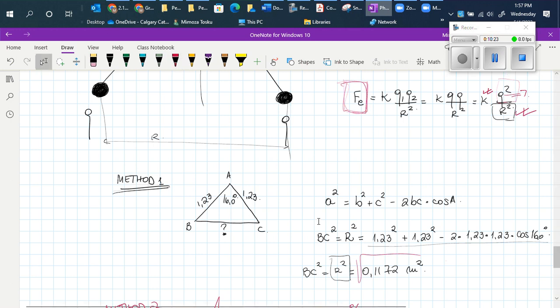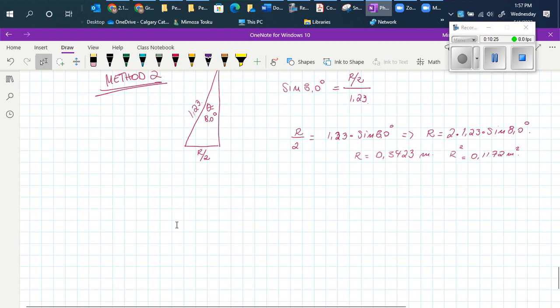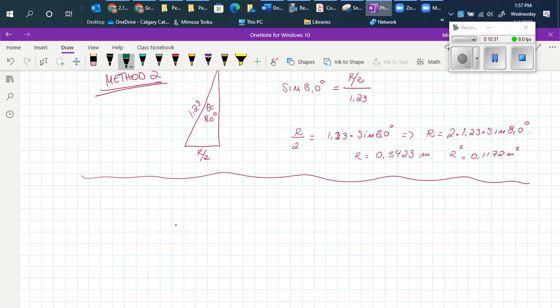So again, the key word here is that the charges are in equilibrium, which means that you draw the free body diagram, knowing that the net force is equal to 0.